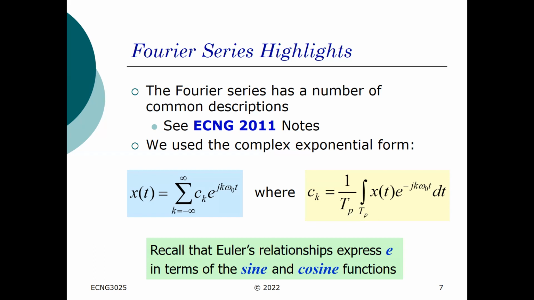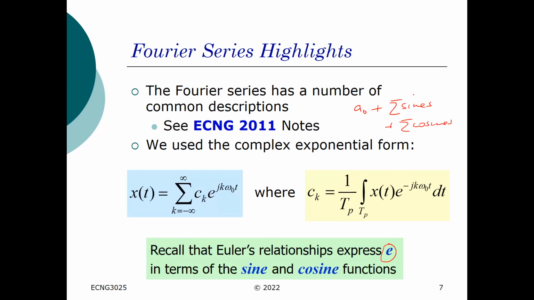For our purposes, there are two versions of the Fourier series. The one that gives you that the signal is a constant plus a sum of sines plus a sum of cosines. And what we did in our use of it, because we were more interested in going forward with how to use that in signals and systems, is that we recognize that there's a relationship between the complex exponential E and sine and cosine that we call Euler's relationship.